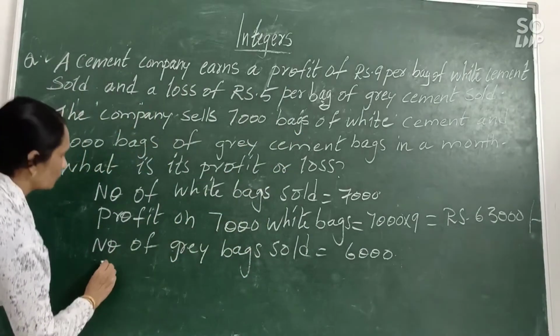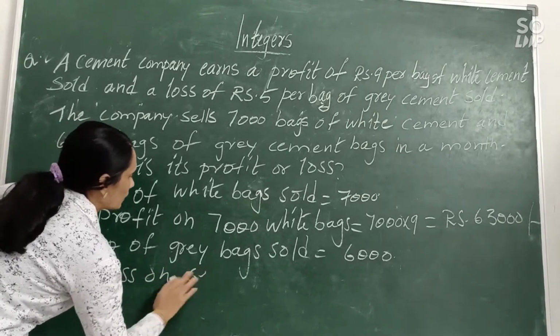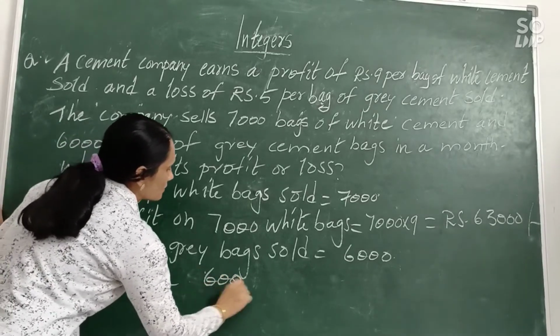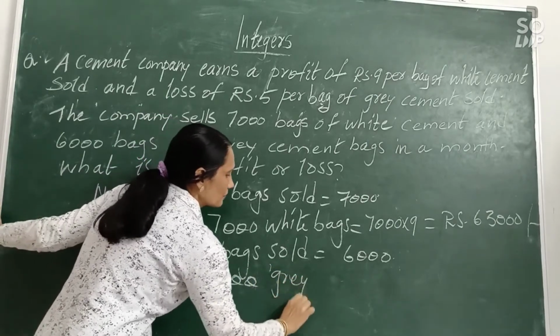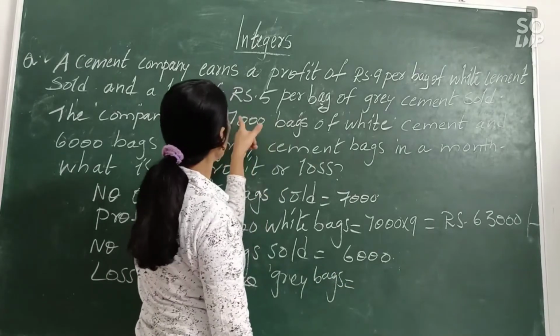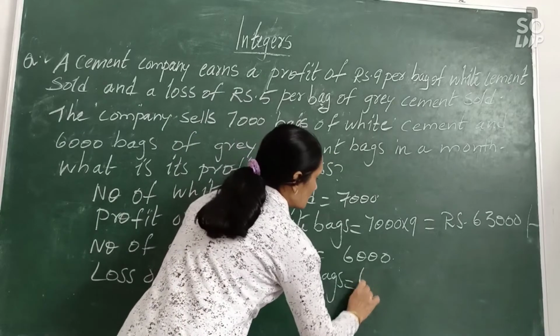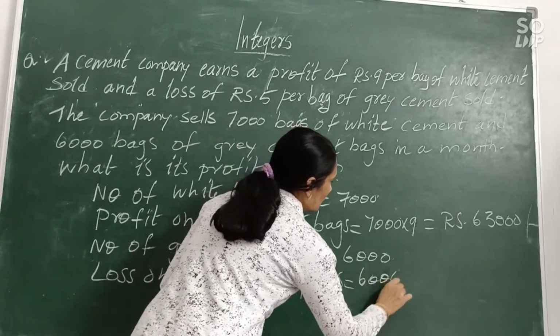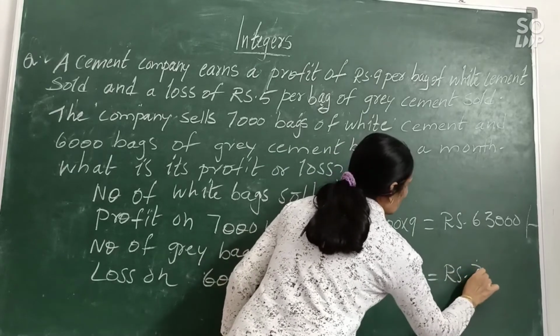So loss on 6,000 grey bags, how much is it, can you say? Each bag loss is 5 rupees. So what is the loss on 6,000 bags? 6,000 into 5, rupees 30,000.